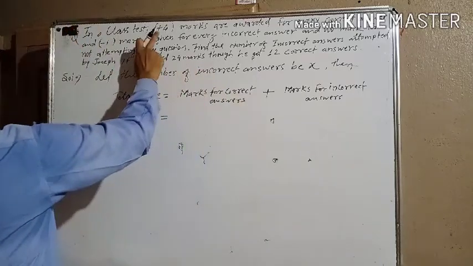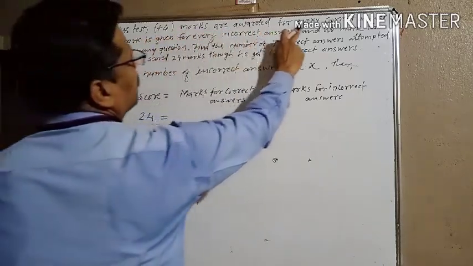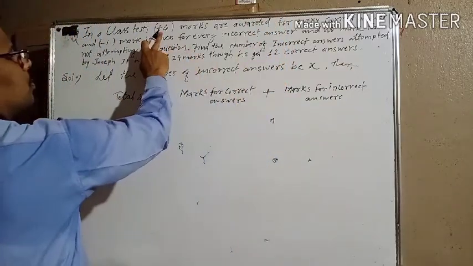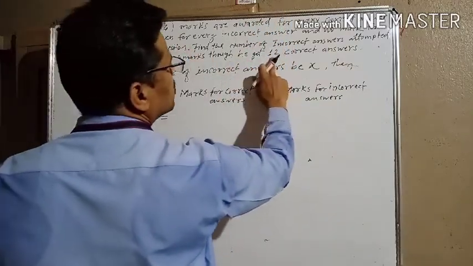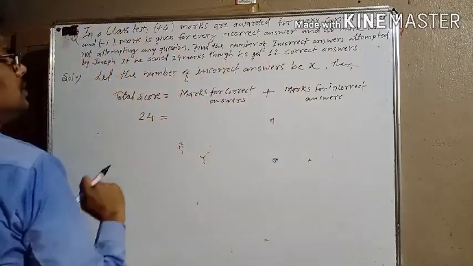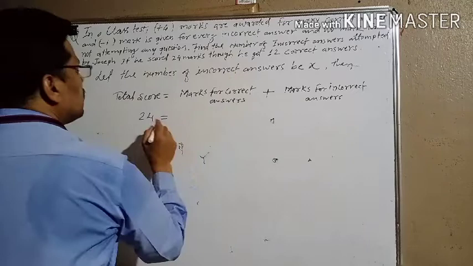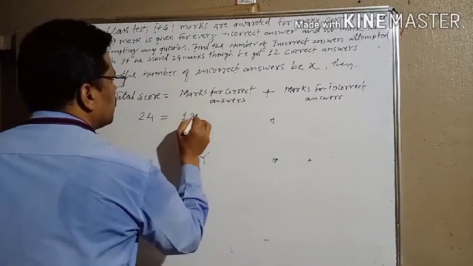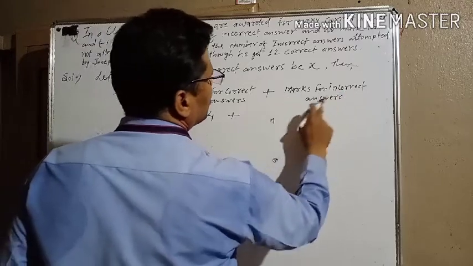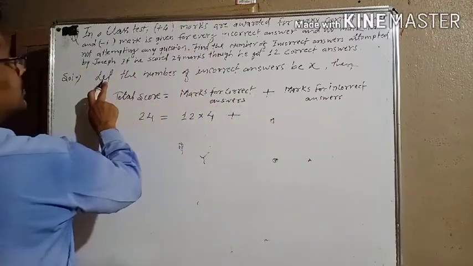Okay. Plus 4 marks are awarded for every correct answer. For one correct answer, 4 marks. So how many correct answers did he attempt? 12. So how many marks did he get? We can write here 12 into 4 plus marks for incorrect answers.